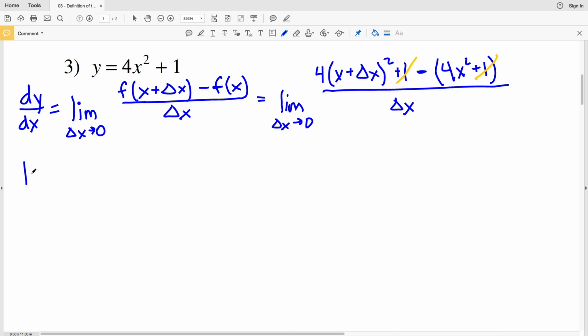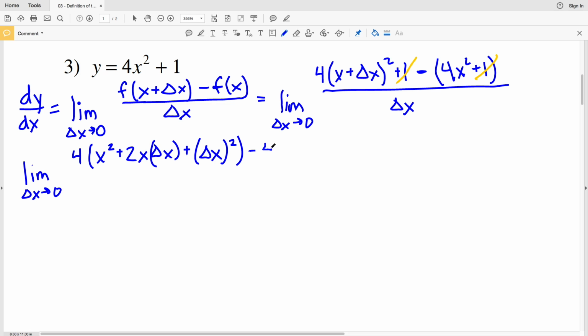So I'll have the limit as delta x approaches 0 of 4 times x squared plus 2x delta x plus delta x squared. And I'm still subtracting 4x squared from that. And that's all over delta x.